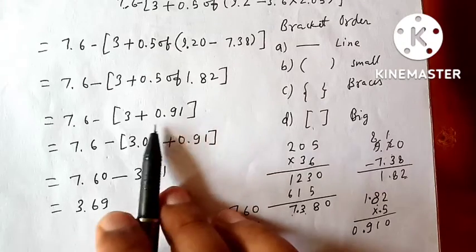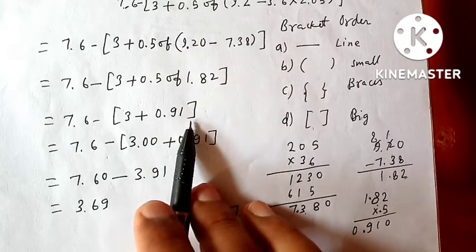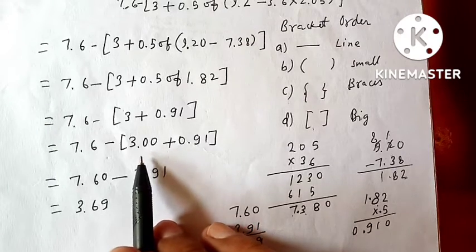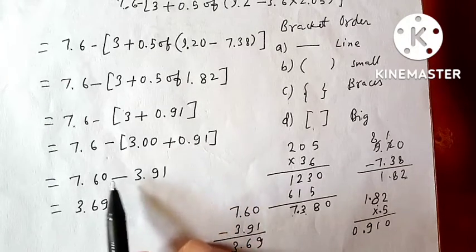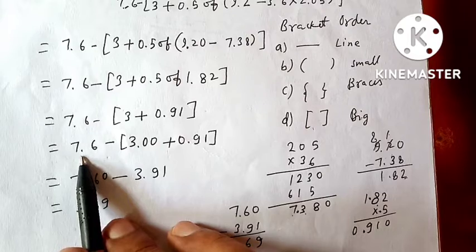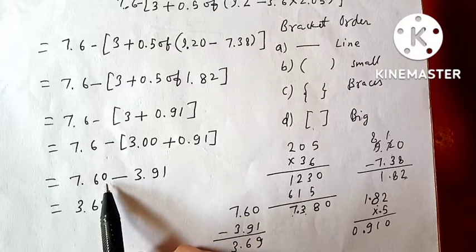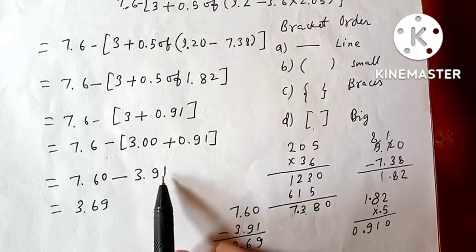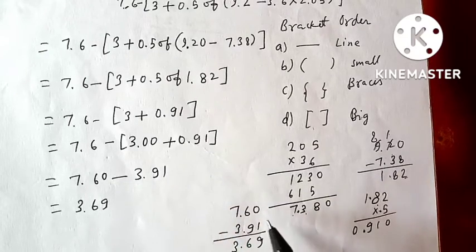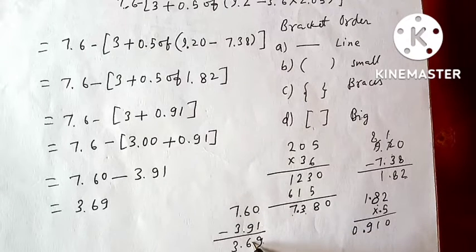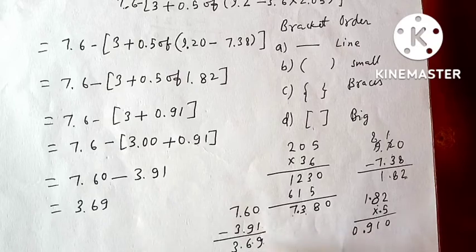So we take 0.91. 3 plus 0.91, 3 may be written 3.00, so it becomes 3.91. Now we have this 7.6, but here 3.91, so we should increase the number of decimal places. Now subtract 3.91 from 7.60, like this. 10 minus 1 it is 9, this becomes 5. 15 minus 9 it becomes 6. Now 6 minus 3 it is 3, so the answer is 3.69.